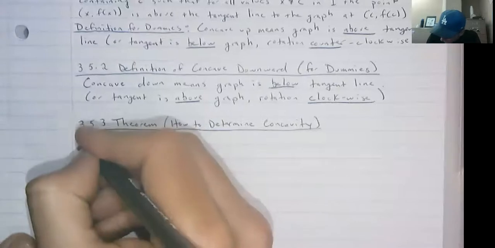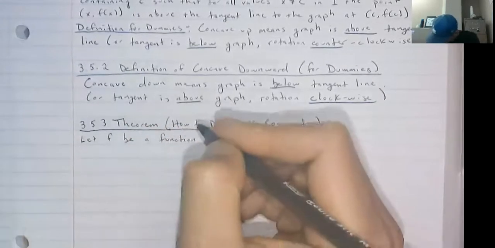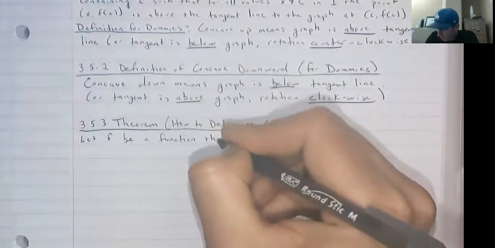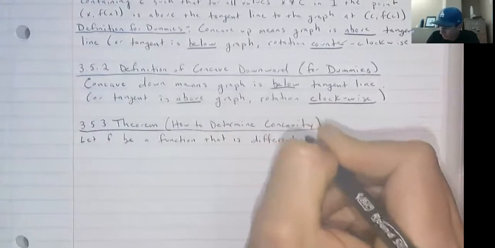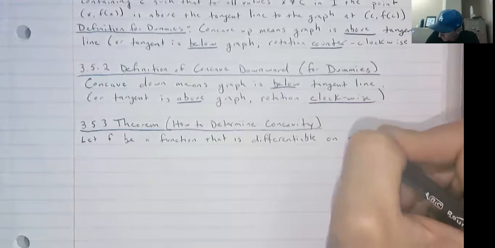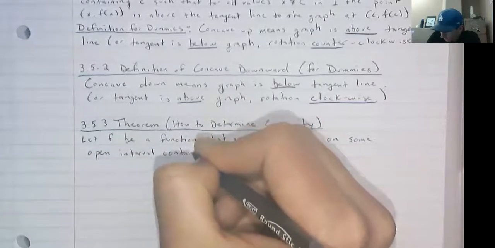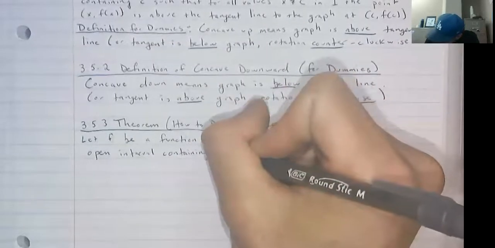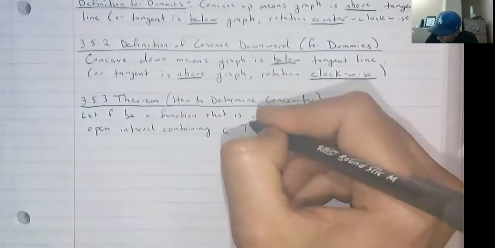And the theorem says this: if we let f be a function that is differentiable, that's a funny word, on some open interval containing c, then two things are true.